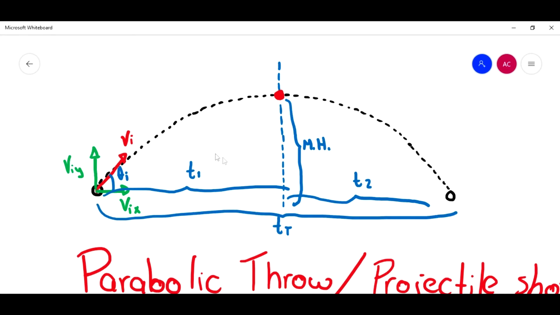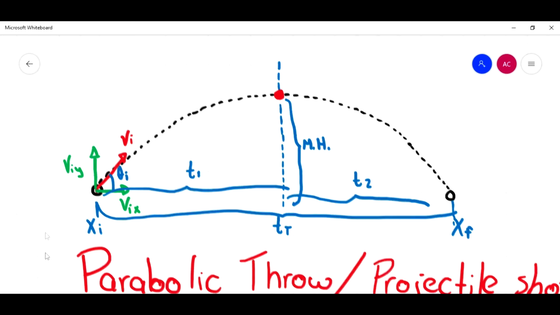Time 1 is the time that takes the object to reach the maximum height, and time 2 is the time that the object takes to reach from maximum height to the initial height. Okay, and total time, well, that's the time that the object takes to reach the final position. This is initial position, and this point over here is final position.